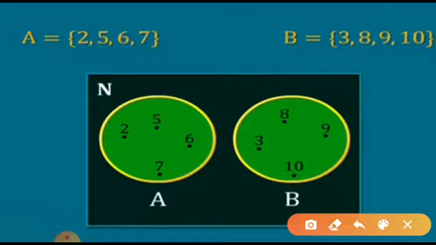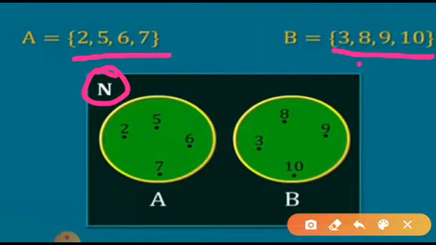Now, for these two given sets, I may take the universal set as the set of natural numbers. That universal set is represented by a rectangle, and there I can write N. That means the universal set is the set of natural numbers, and the subsets should be drawn inside the rectangle.